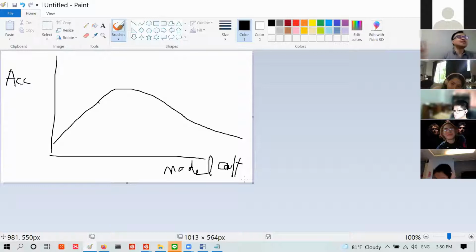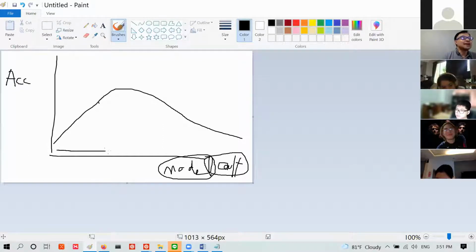What is the job of your data scientist? Your data scientist is to choose the model. That model comes with a coefficient. Once you choose a model, you have this line. But you choose the coefficient anywhere on this line. Obviously, you're going to choose this. So same here.